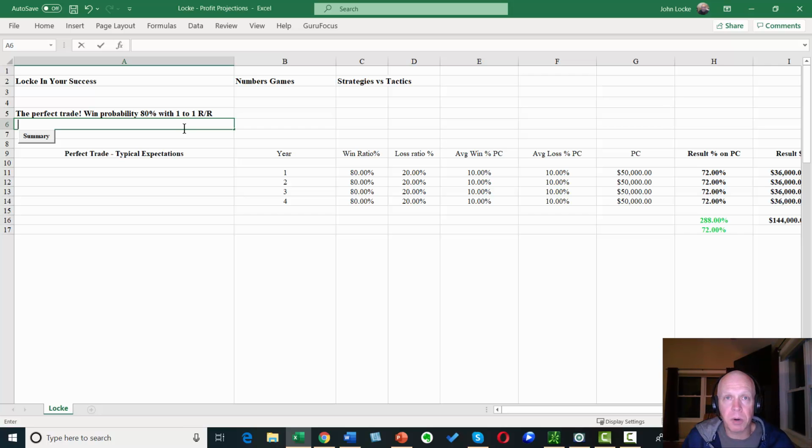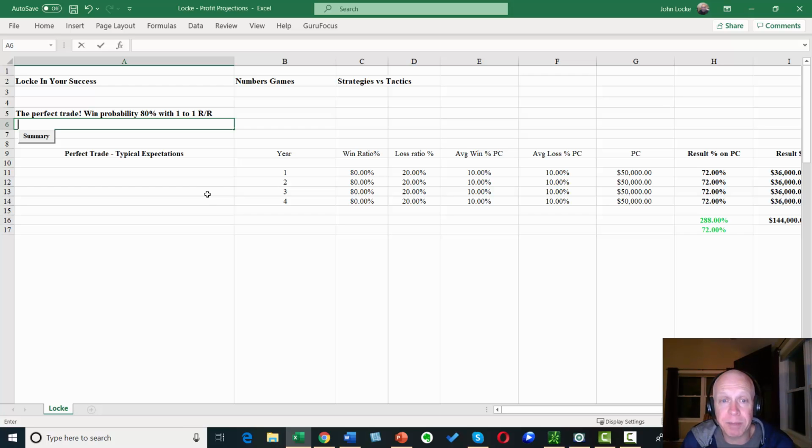Let's say our thought is that we're going to put this trade on the same way every month at the same time, regardless of what the market's doing, and we want to make a certain amount of money on a monthly basis, which is what a lot of people tend to want to do in this type of trading. So let's say we had this trade and it has a win probability of 80% and a risk reward of 1-to-1, basically meaning that our profit target and our max loss are equal.